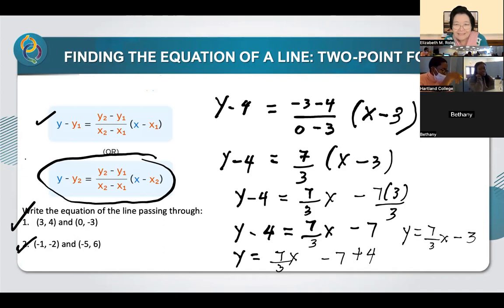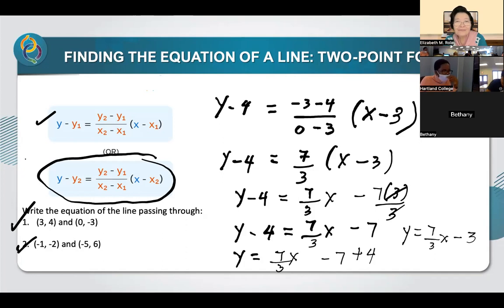Yes, because this one cancels. I just did it shorter, like I already came to the last one, 7x over 3 minus 7, then transfer 4 to the other side. Okay, I guess it works.